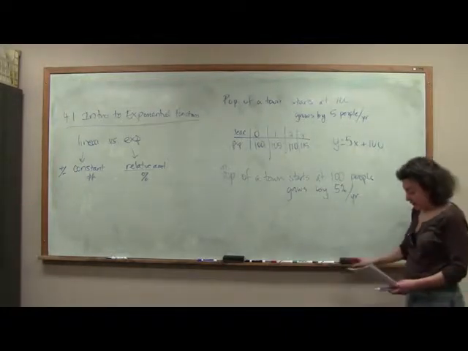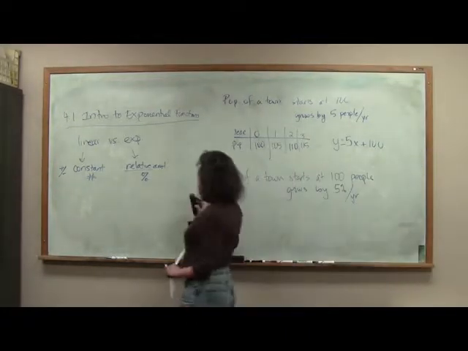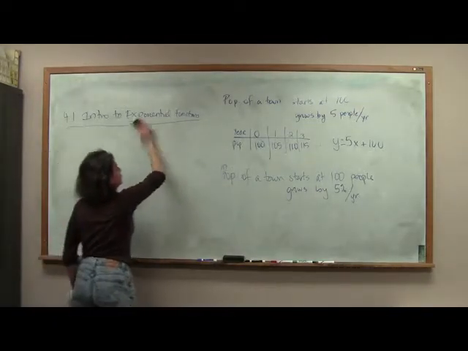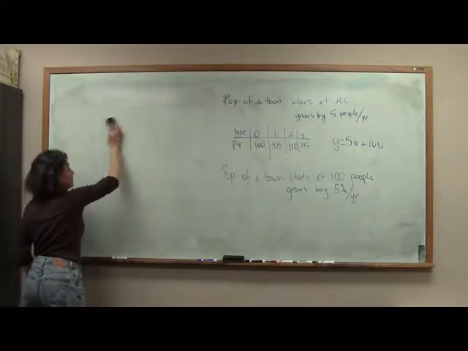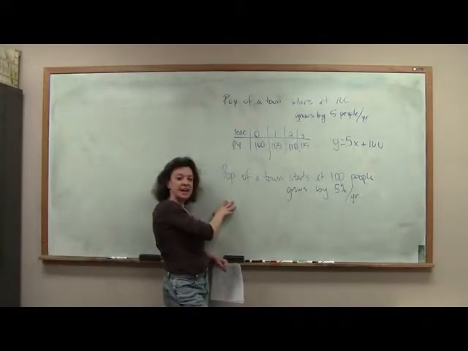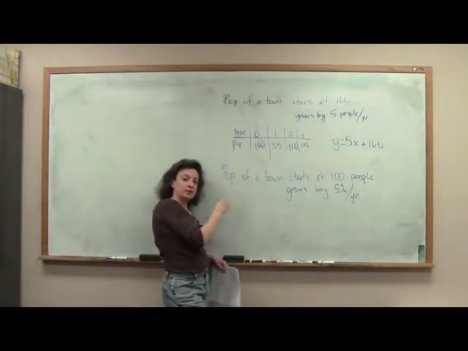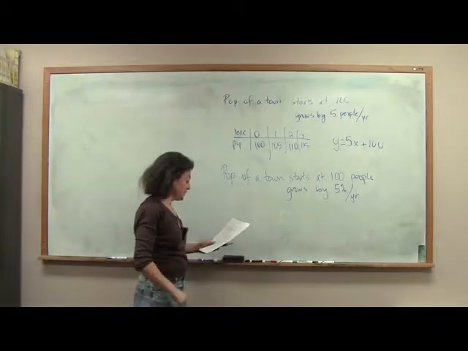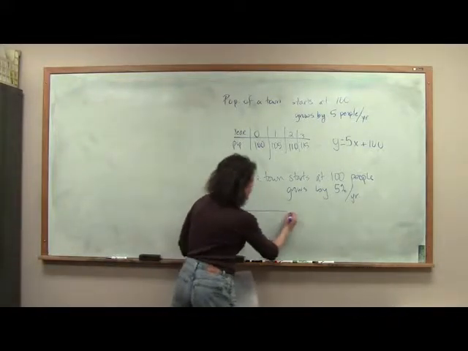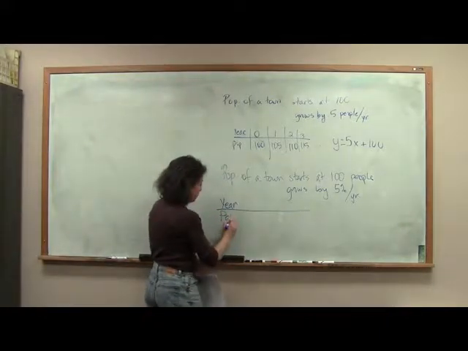Okay? So, after we're done with this section, I assure you, you're going to be able to write out exactly what the formula is for the population of the town at whatever year. Okay? But what I want to do is just develop this so we see how these formulas grow.